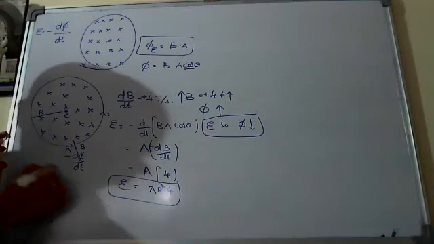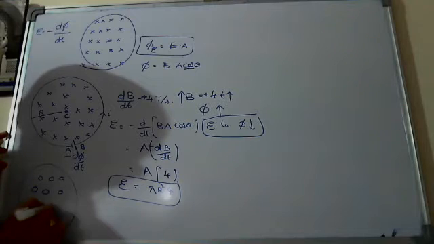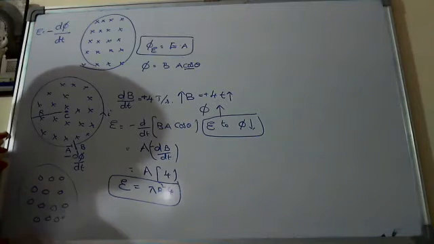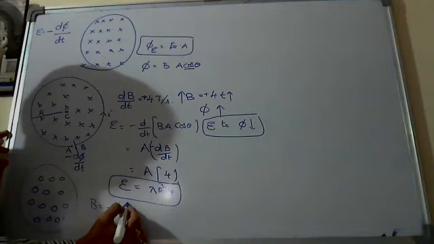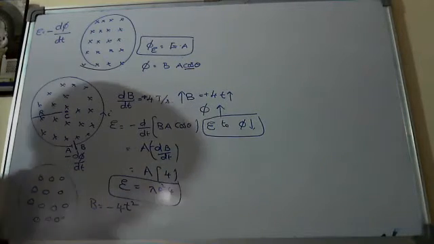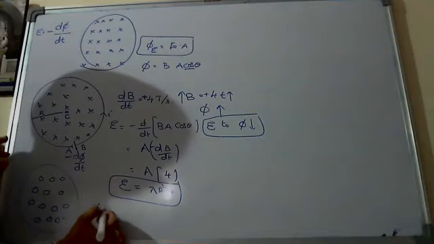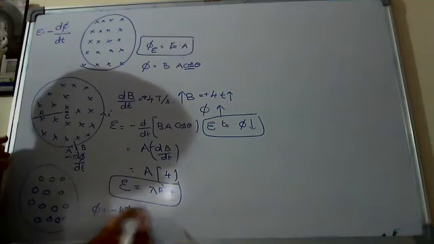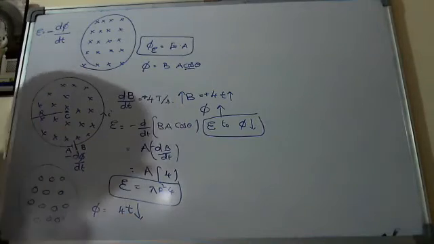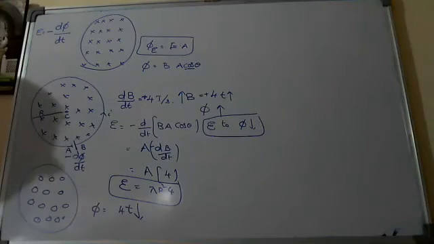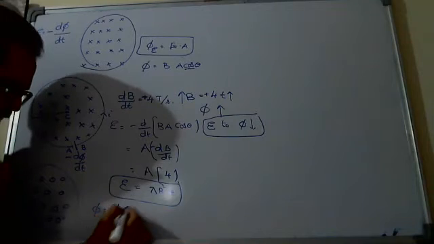Here we have to take care of one more case. Same question. Suppose it is the outward flux, and suppose B is given as minus 4t square, so flux phi equals minus 4t. Flux is actually decreasing with time. To understand better, take it like 4 by t.